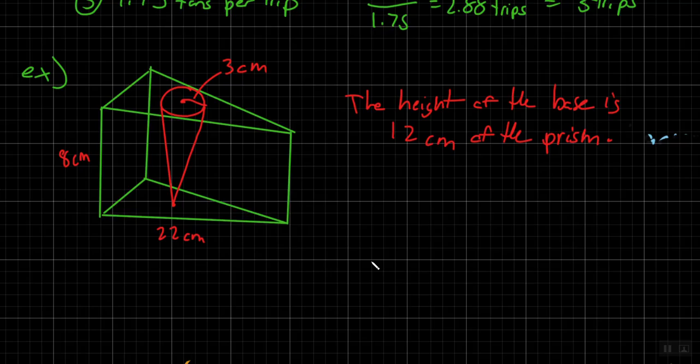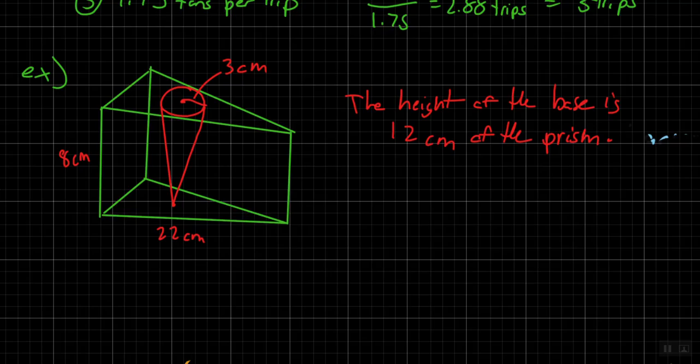So what is the base? The base is this entire thing. What is the height of that shape? How do we draw the height? Cool. We did a problem very close to this like 2 days ago.